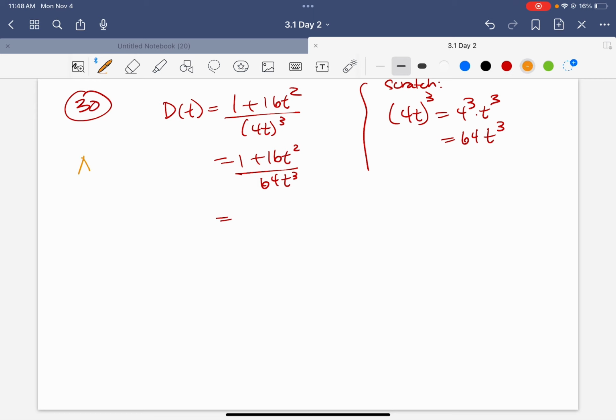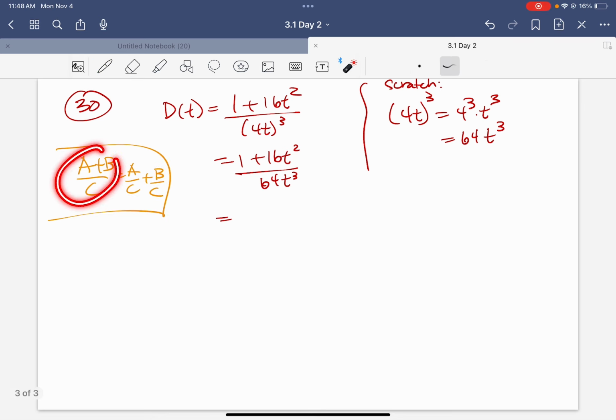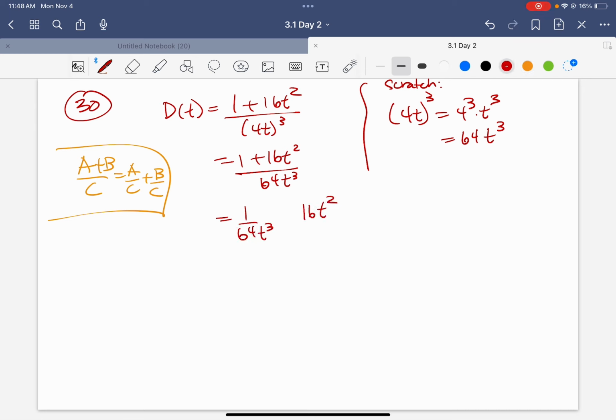So when I look at this, I see a plus b over c. So a over c plus b over c is a very powerful way of looking at a fraction and breaking it up into two smaller fractions. So I can break this up into 1 over 64t cubed and 16t squared over 64t cubed, and then add them together.